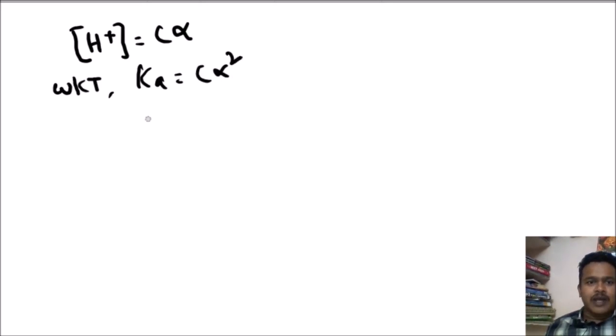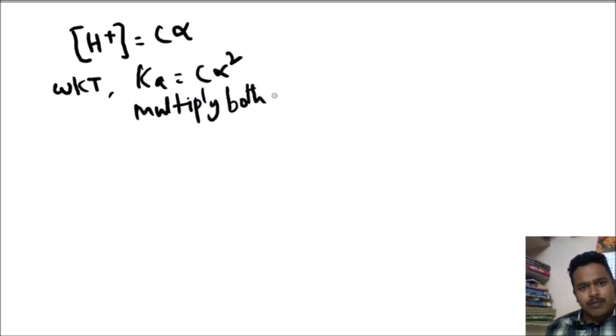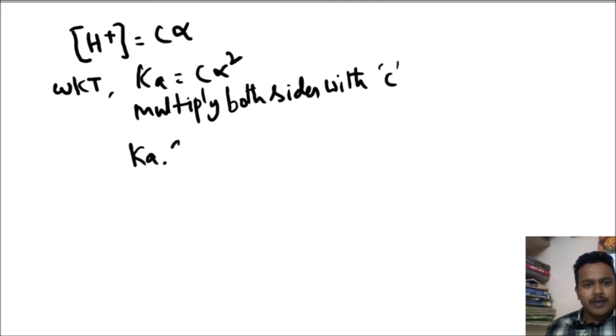Correct? Multiply both sides with the concentration term C. What I can write? Ka into C is C into C alpha square.